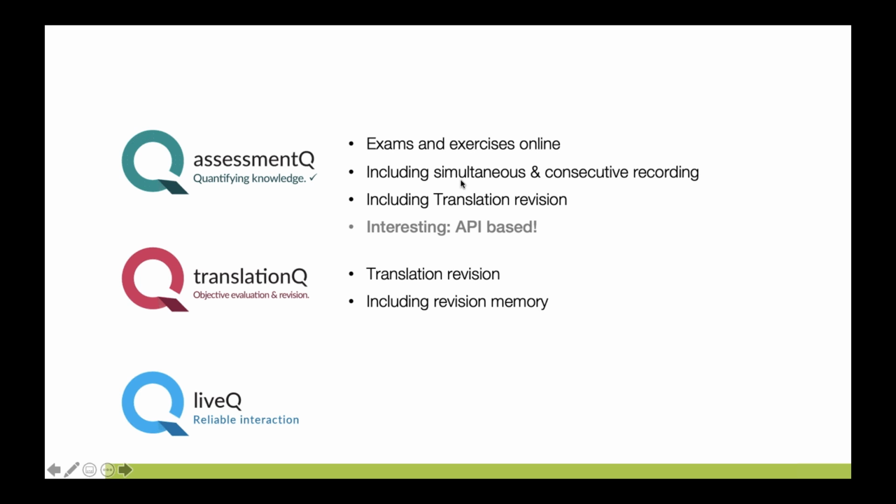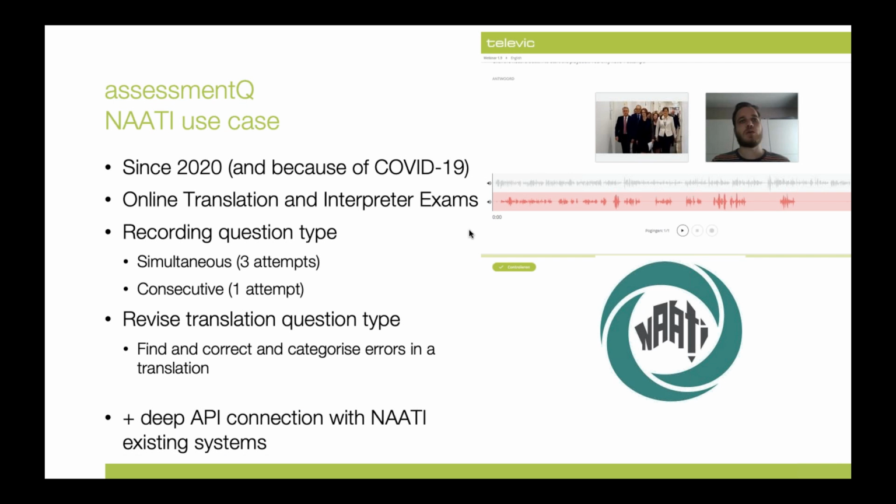And those questions can be published and then be made by the participants anytime, anywhere, or again in a specific time frame. But it's an asynchronous thing. There is no live monitoring as such in assessment queue. The interesting thing is that assessment queue is completely API based, so it can be perfectly integrated into your existing platforms. And this is my final slide, really.